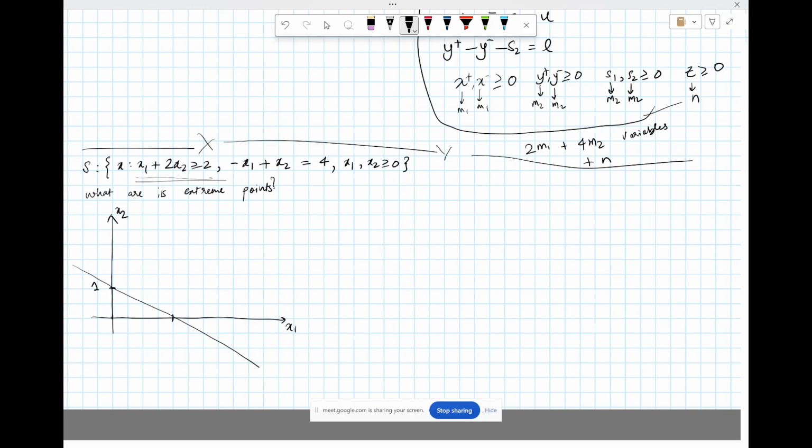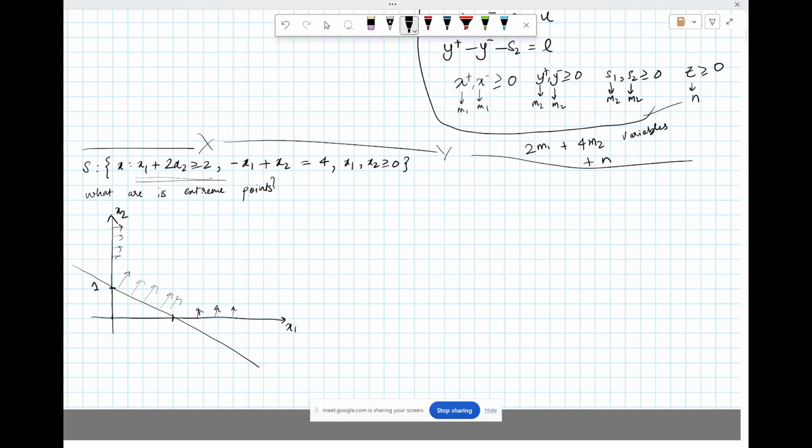So if I substitute 0 comma 0 here, I get 0 is greater than or equal to 2, which is wrong. So I want all points in this direction. This is my feasible region, right? Basically, this part is not there because x1 and x2 should be greater than 0. So I have this area.